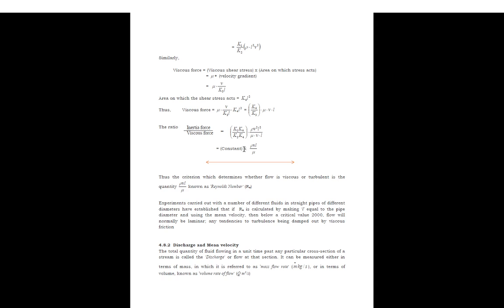Now, if this formula gives you a value that is less than 2000, we are saying it is laminar flow. If it gives you a value that is greater than 4000, we are calling it turbulent.